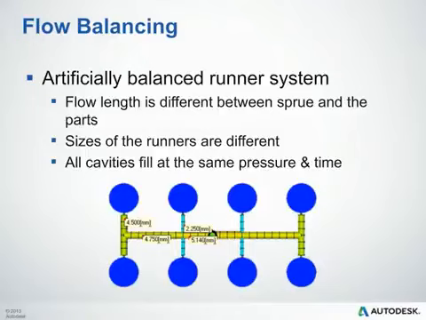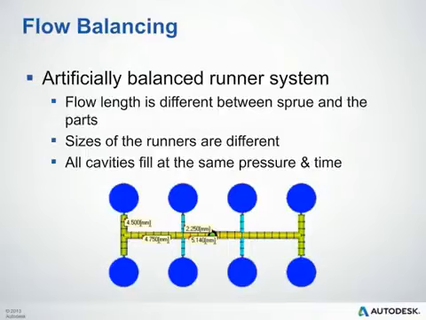Injection time is typically the main limiting factor. As a result, in situations that have high runner pressure drops, plus low part pressure drops, tight tolerances, thin sections in the part, and potential sink mark issues, artificially balanced runners may have a very small molding window or may not be practical at all.